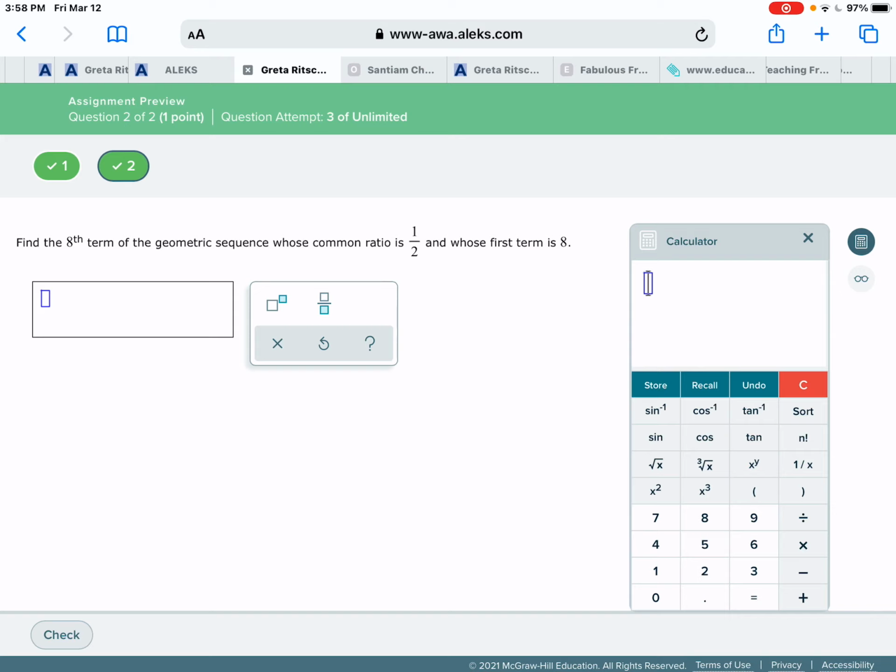So we need 2 to the 7th power. Okay, and then we have 1 to the 7th power is 1. So we have 128. So we have 1 over 128.